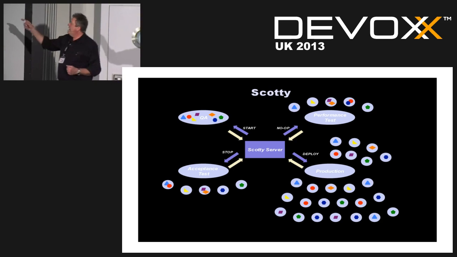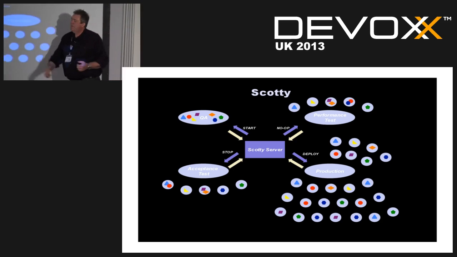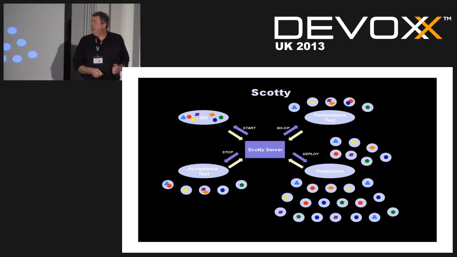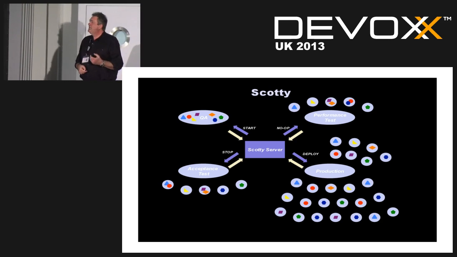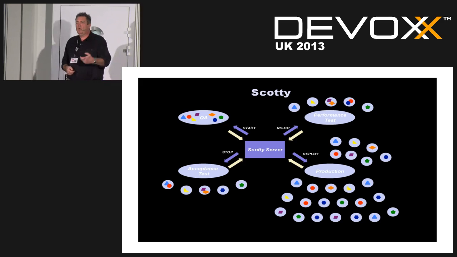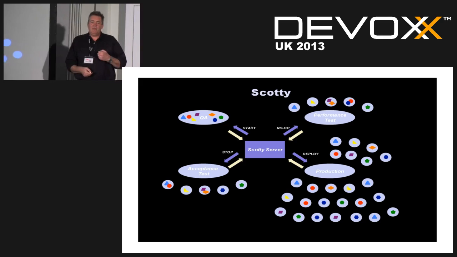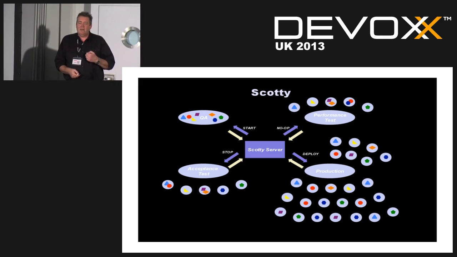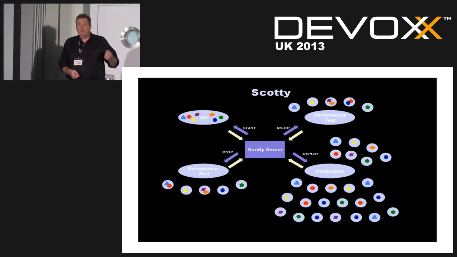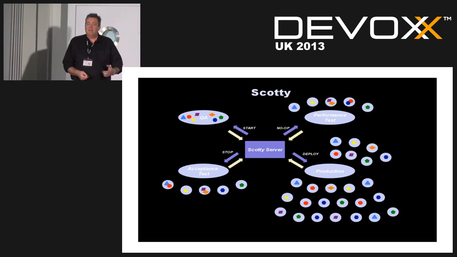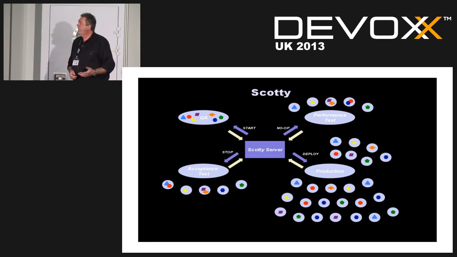The Scotty agents that ran at each of the nodes had a series of definitions of what role they were playing. One might be the matching engine, one might be the order management system, one might be a web server, and so on.